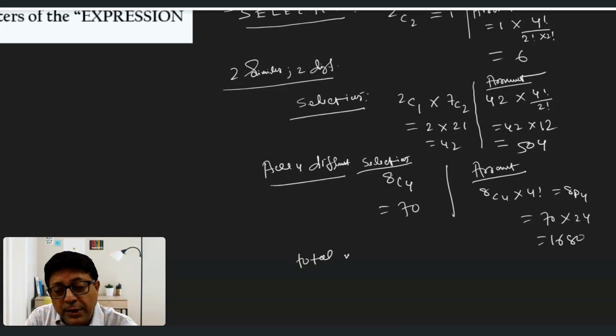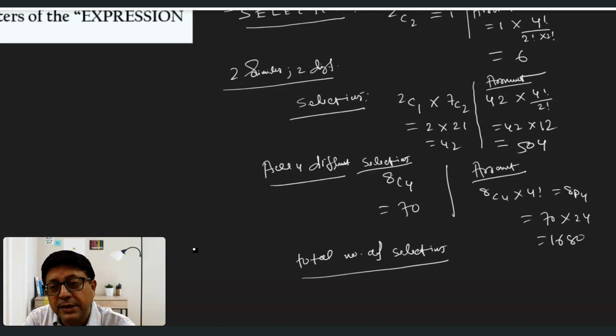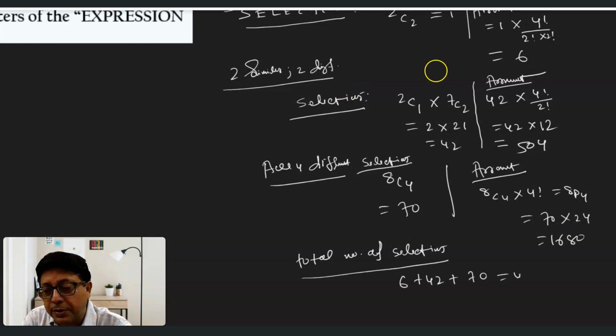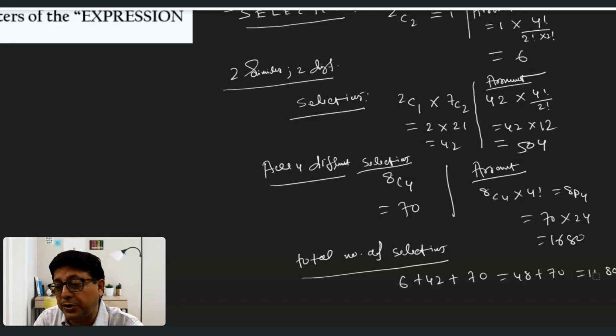So total number of selections is going to be equal to, in the first case it is 6 plus 42 plus 70, that is 118.